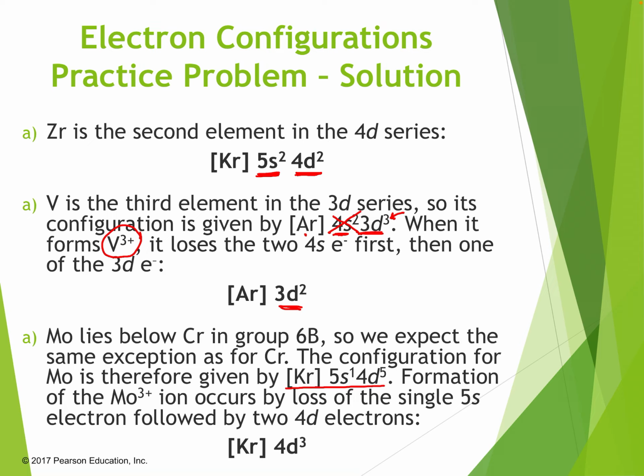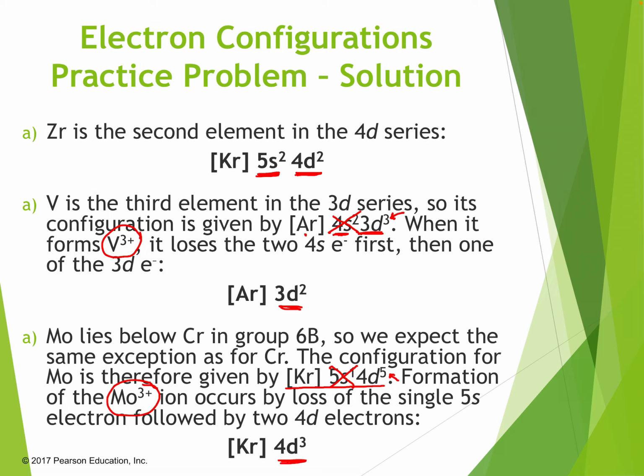So we get a half-filled s orbital and a half-filled d orbital with that irregular electron configuration. But when we have a 3+ ion, we're going to lose our s electron, and we've only got one, so we're going to lose that one, and then we're going to lose 2 more out of our d block here, which makes it 4d3.